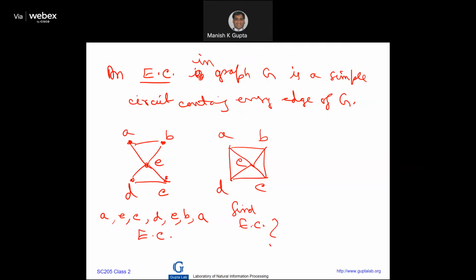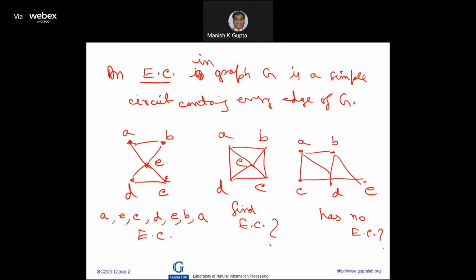You cannot find an Euler circuit no matter which vertex you start from. So it's a good example for you to look at, right? This graph has no Euler circuit. Similarly, if you look at this graph, this has no Euler circuit. Okay.